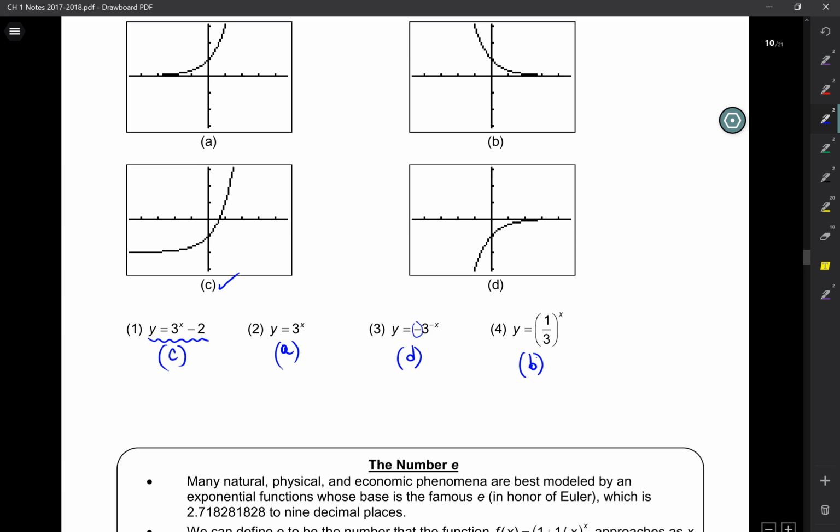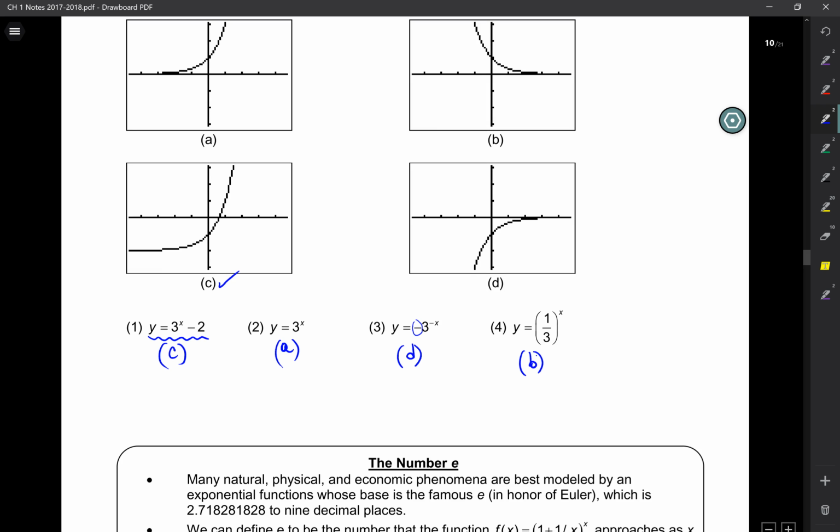This negative makes it below the x-axis. This negative makes it approach zero, so it's exponential decay.